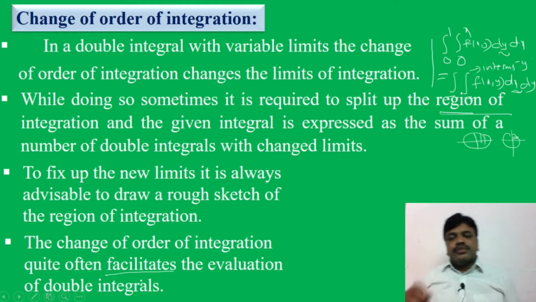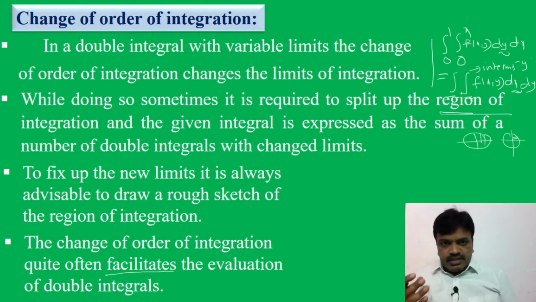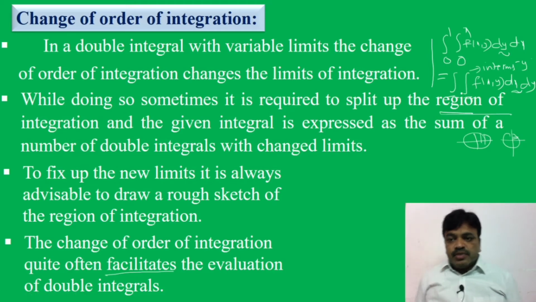That means the integration becomes easy. That is the advantage of this change of order of integration: sometimes the integral directly we cannot evaluate, but if I change the order, then we can easily evaluate the double integration. That is the main advantage.